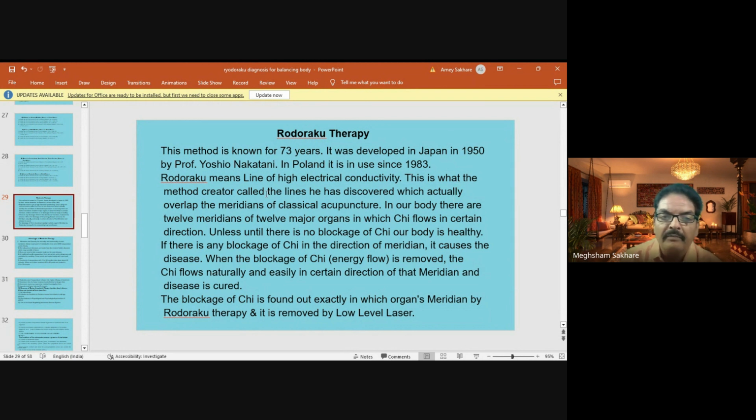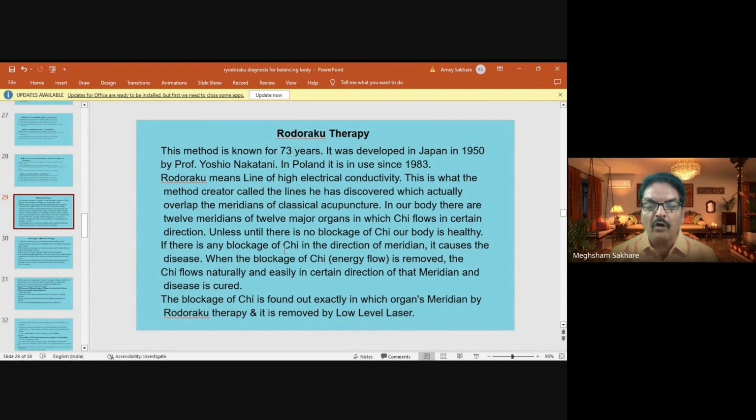This is what the method creator called the lines he has discovered, which actually overlap the meridians of classical acupuncture. In our body, there are 12 meridians, 12 major organs in which the chi flows in a certain direction, or energy flows in a certain direction. As long as there is no blockage of the energy or chi, our body is healthy.